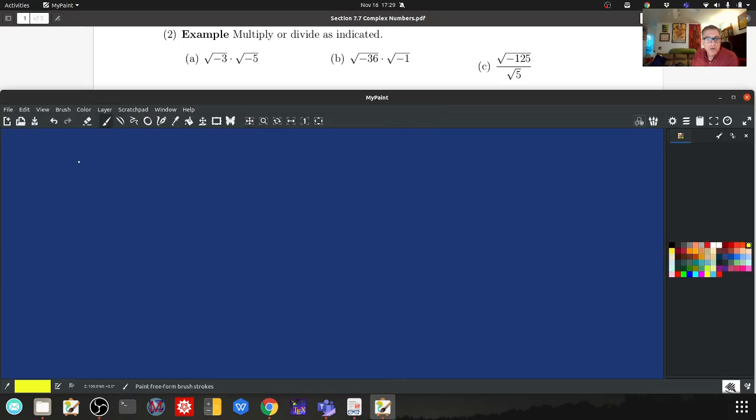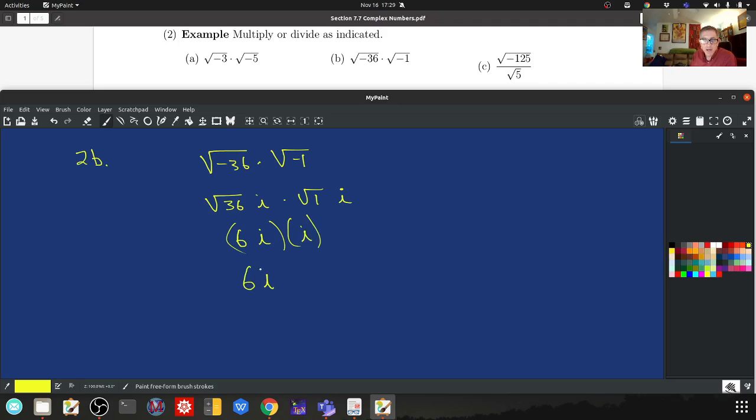Okay, let's do 2b. So the square root of minus 36 times the square root of minus 1 is equal to the square root of 36 times I times the square root of 1 times I. Well, that's the square root of 36, which is 6, times I. And the square root of 1 is just 1, and 1 times I is I. So that's 6 times I squared.